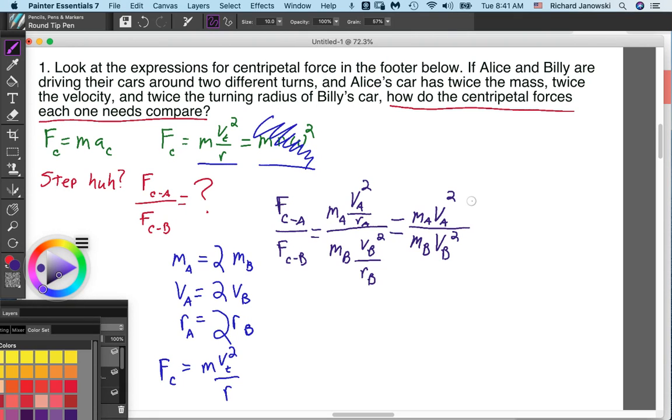And then we get to the ugly part. 1 over radius of Alice over 1 over radius of Billy is that part. So nothing cancels. I'm going to save all the subbing in and canceling for the end. First, I want to deal with this very ugly fraction. Convince yourself that this idea here is the same thing as this idea here. And then we're going to go one step further.